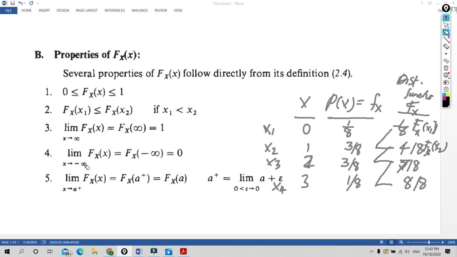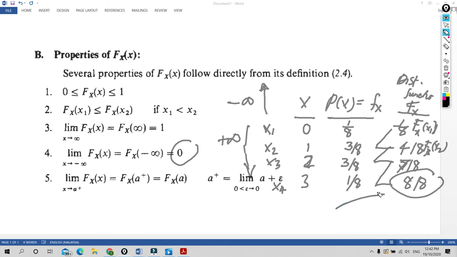Then if x approaches infinity, this part is negative infinity and this part approaches positive infinity. If we approach negative infinity, F(x) equals 0. If we approach infinity, up to the maximum here, F(x) approaches 1.